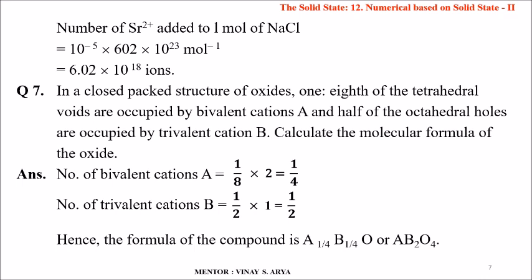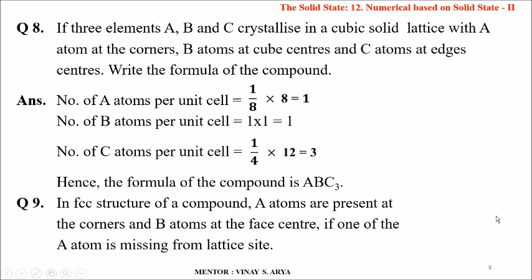So A is 1/4 and B is 1/2. When we simplify it, you bring them into whole numbers. When you bring them to whole numbers, it becomes AB2O4. So this is the desired formula of the compound.